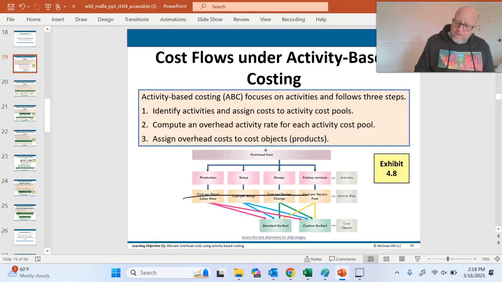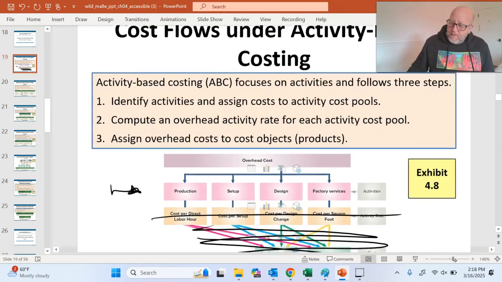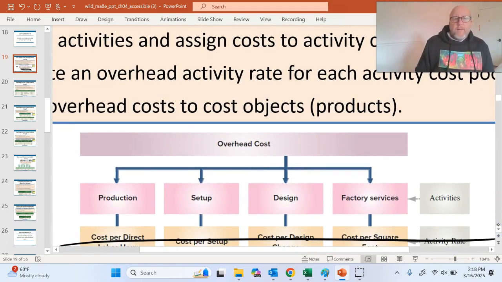Without getting into any of this stuff, if we were to just look at the top line, all we're really saying in this approach is that we are going to allocate overhead based on activity, and these are the four different activities. The first one is production, and I'm not necessarily sure what that involves, but that is an activity associated with making the go-kart. And then we have setup, and then finally we have design and factory services, right?